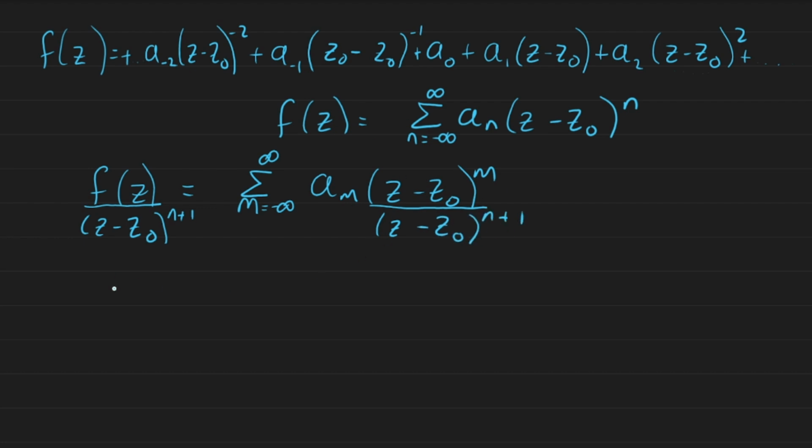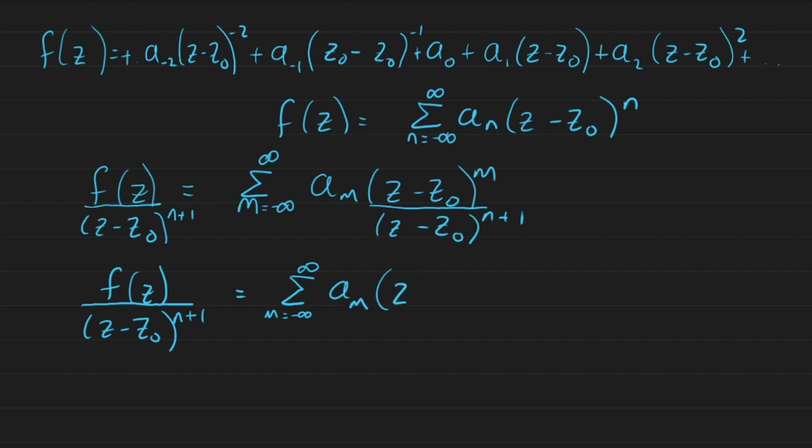So I just simplify this right-hand side, so I'll get f of z divided by z minus z naught to the power n plus 1, and then that will equal, this sum remains the same, we're going from m minus infinity to infinity, and this coefficient am, and then we can just simplify this. We have z minus z naught, we have this m, we take this n plus 1 to the top, it becomes minus n minus 1.